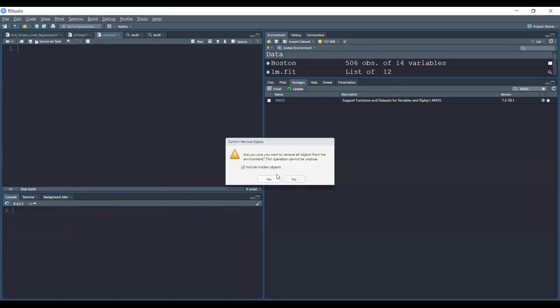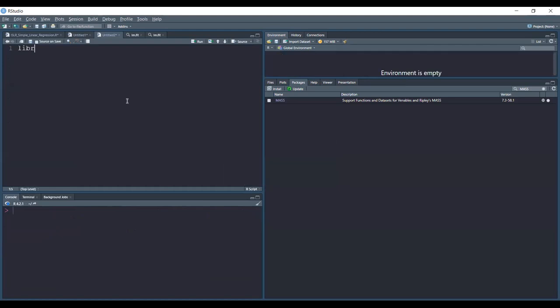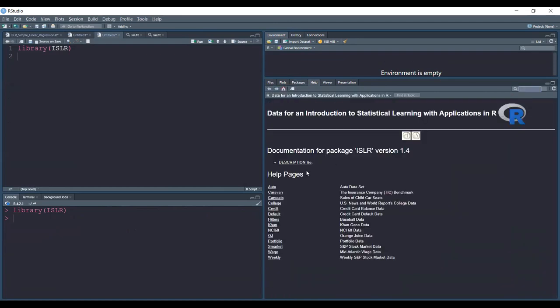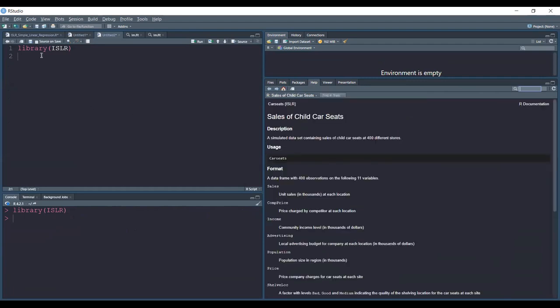I'll just clear everything. So library ISLR, just type it over here, ISLR, and we're going to take car seats.